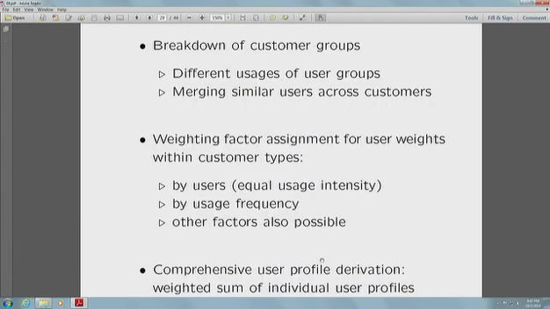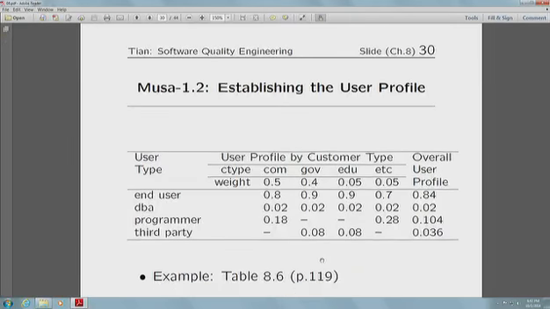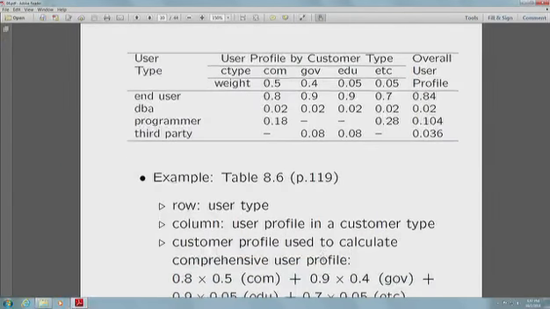What we end up with is something like this. With the previous one, we look at the companies, the government, education institutions, and others. Then we have the user types. In this case, we have end users, database administrators, programmers, and third-party users.